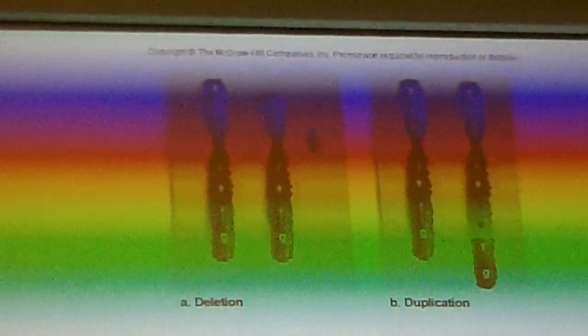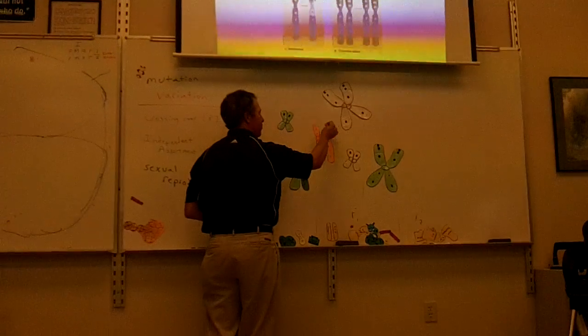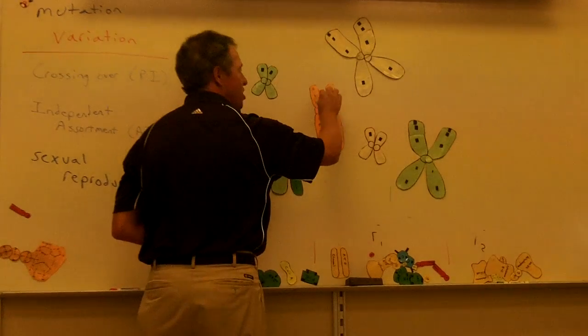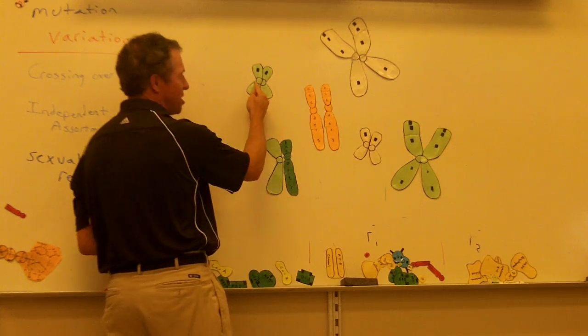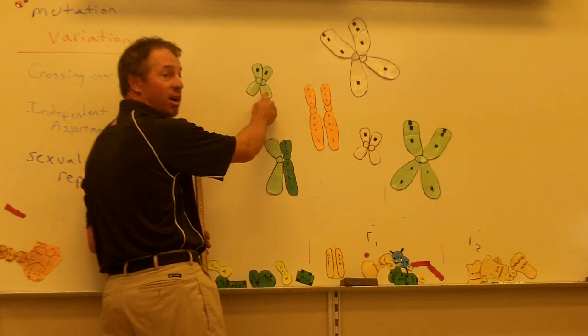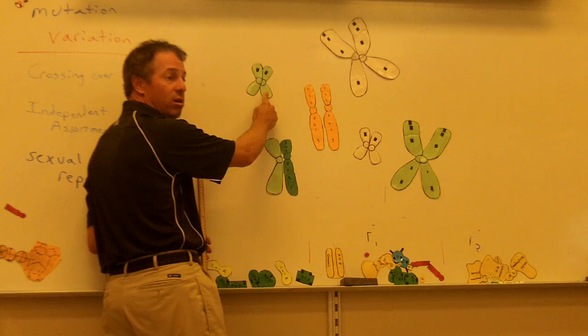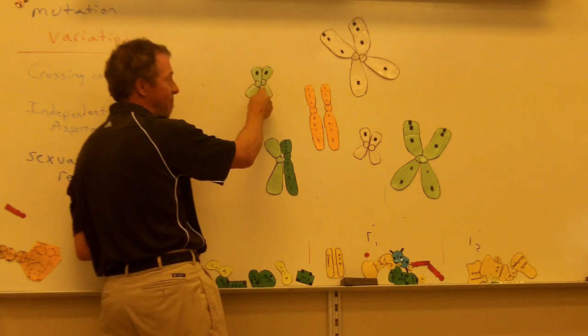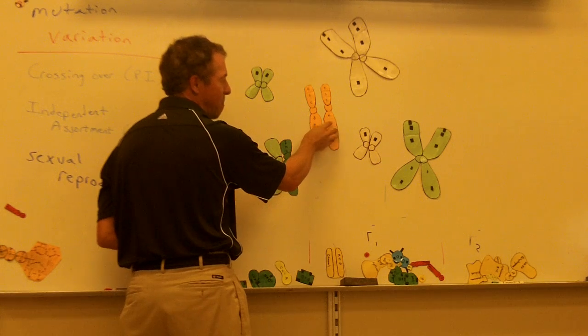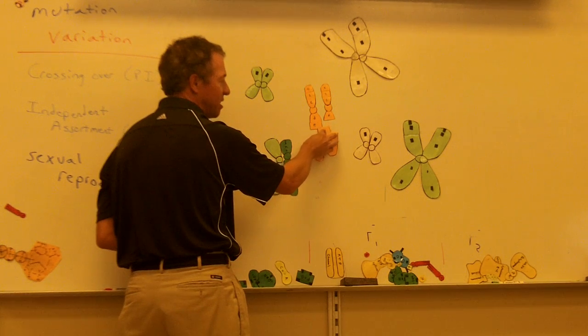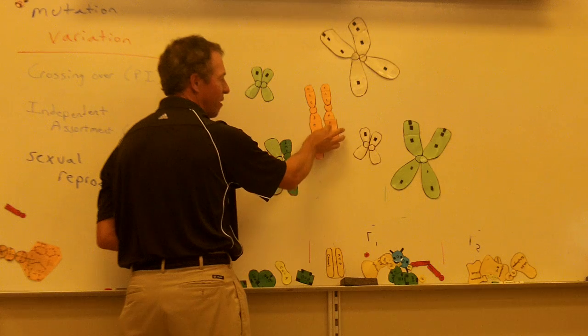What about a duplication? A duplication is when you take a piece. Watch the chromosome here. Remember, the ones that are stuck together are exact copies of one another. Well, what if one of the exact copy pieces slides over like this onto that one?